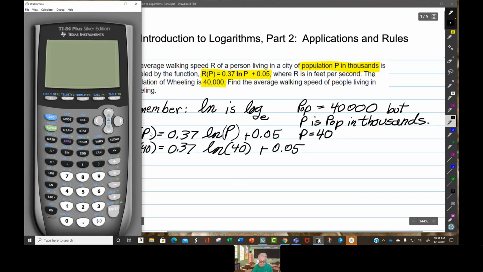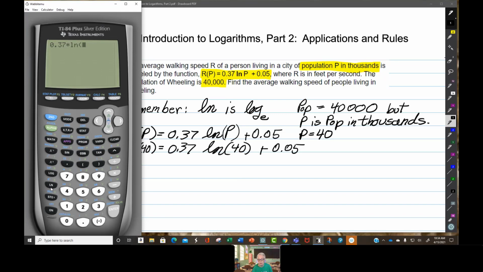So, okay. 0.37 times, I don't really think I need to put a times there. I think it's understood, but what the heck? Here is the ln key right below the log key.